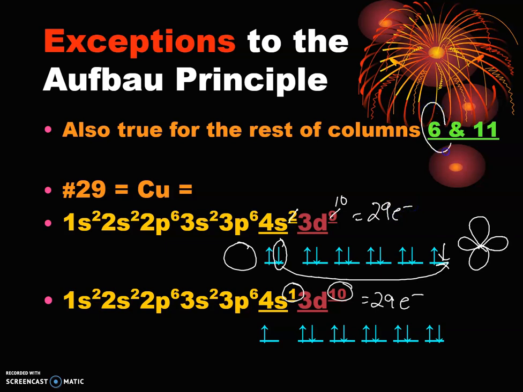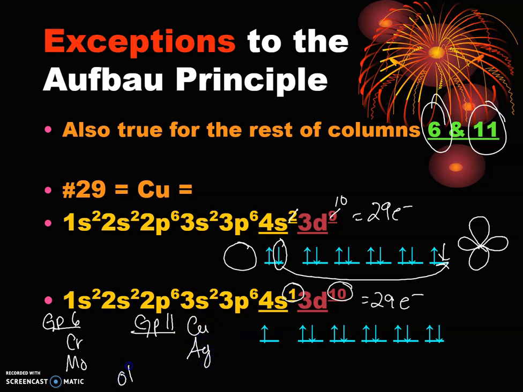But this happens with columns 6 and 11 on the periodic table. So group 6 would be for your chromium and your molybdenum. Group 11 would be for your copper and your silver. And it happens in other places also, but those are the main places that you see this occur.